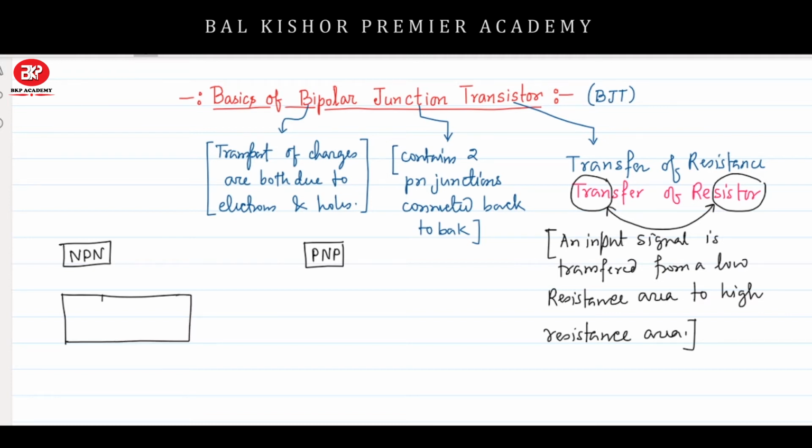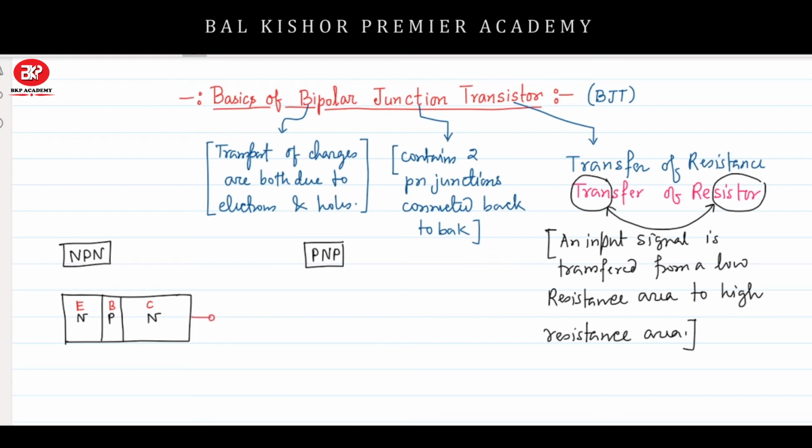The first region will be N type, the second one is P type, and the third one is again N type. Generally, the first N is called the emitter, the second one is the base, and then the collector.